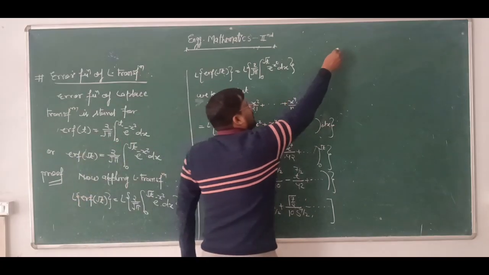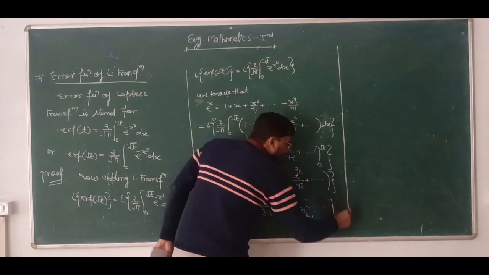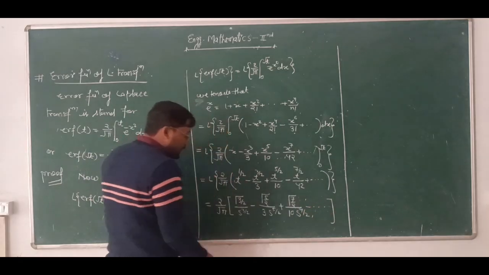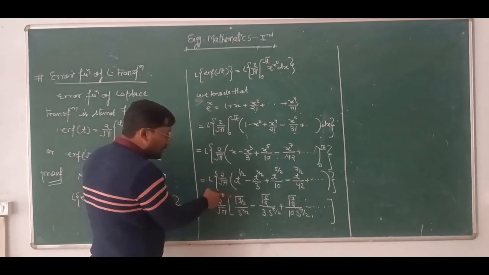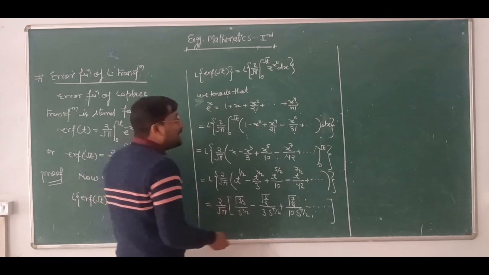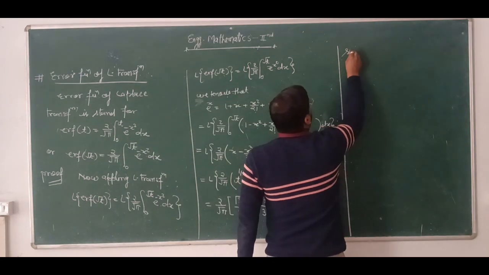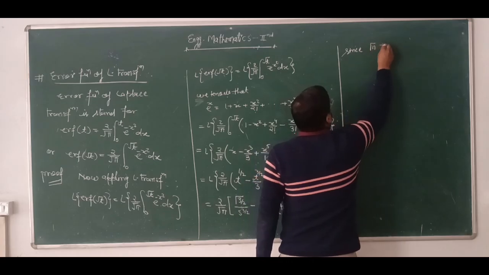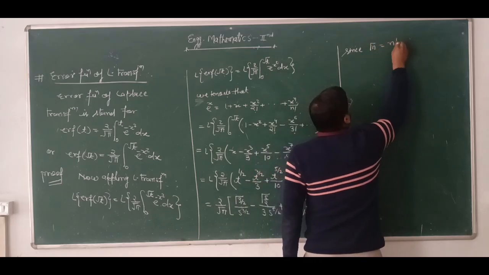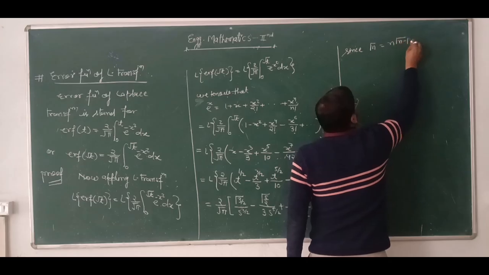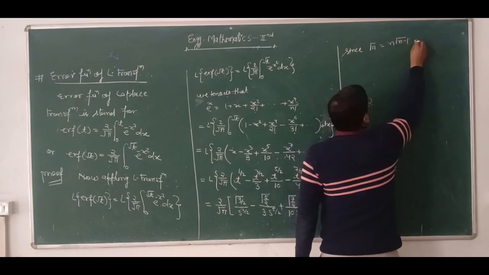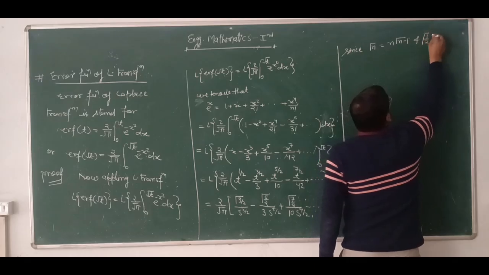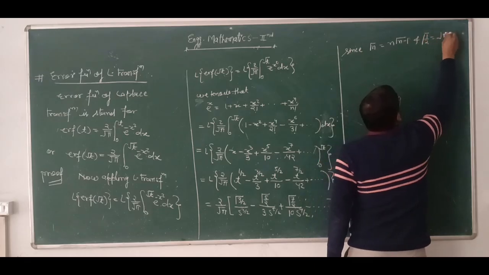Now you solve this. We take s to the power 3 by 2 common and open the value of gamma, since gamma n is equal to n gamma n minus 1, and gamma 1 by 2 is equal to root pi.